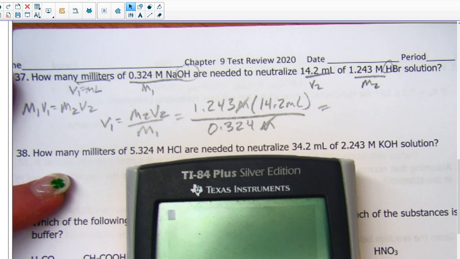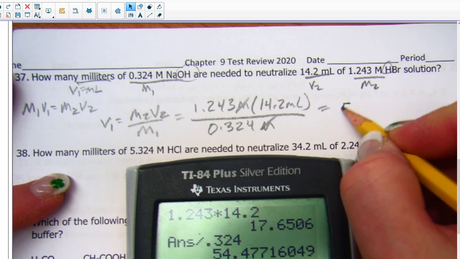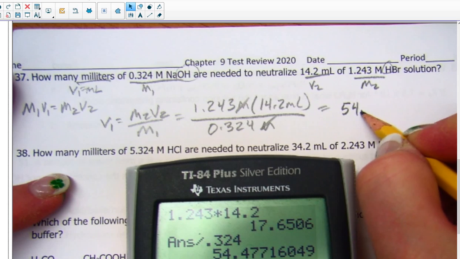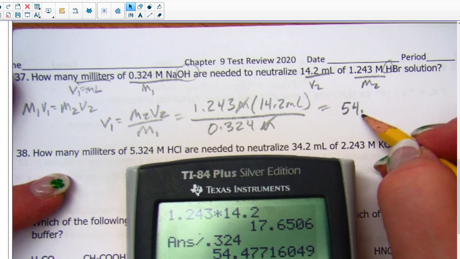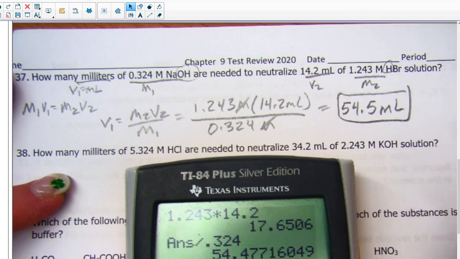Oh, something's way wrong. Let's try that again. I didn't clear first. Times 14.2 divided by 0.324. Much better. So volume here is 54 point, and then I had 3 significant figures, so I'm going to take 54.5 milliliters. And I'm done.